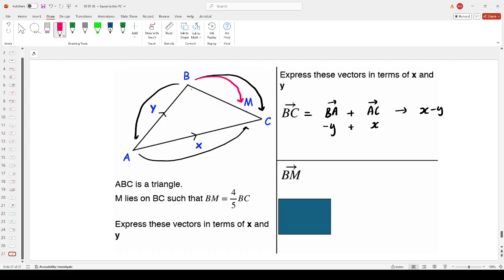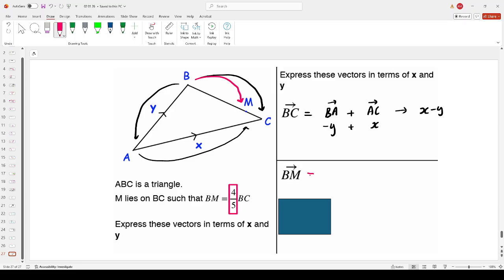Okay, hopefully this will help. So what fraction is BM of BC? What fraction? It's not half. It says it here. BM is 4/5 of BC. Can you see that?